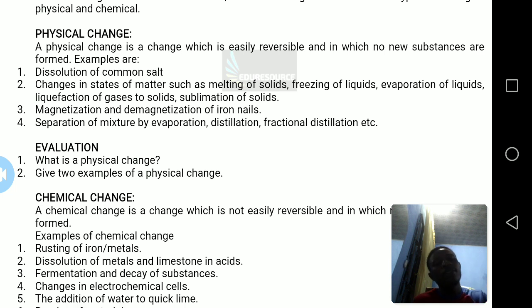We're going to look at all these when we are looking at separation techniques. We look at evaporation, distillation, fractional distillation, crystallization, titration, and so on. These are separation techniques. I think it will be in our subsequent topics. So please keep attending the classes so that we learn.